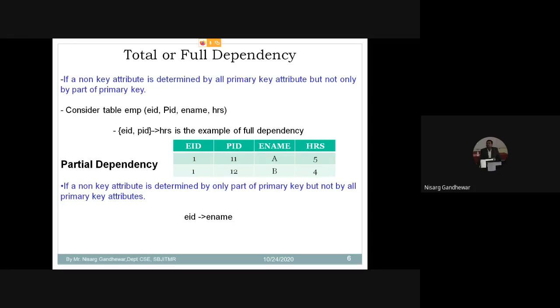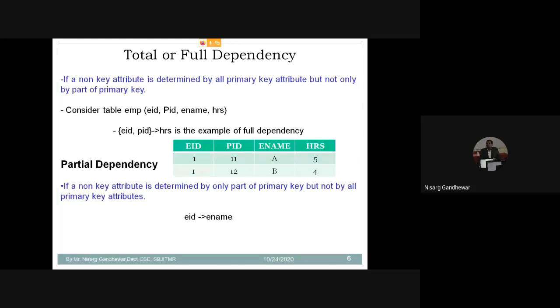So what do you mean by full dependency? If a non-key attribute is determined by all primary key attributes, because you know that a primary key can be formed with more than one attribute also. There can be a situation where we form a primary key with more than one attribute.